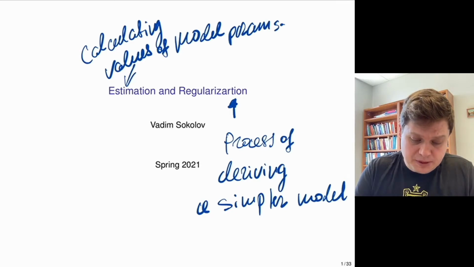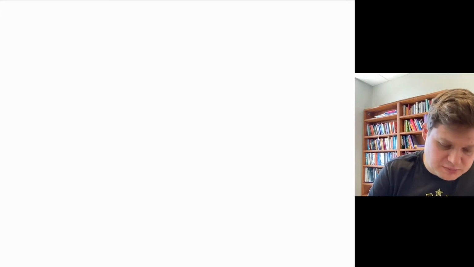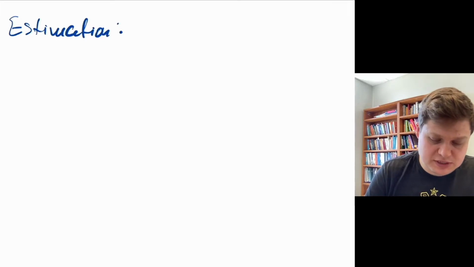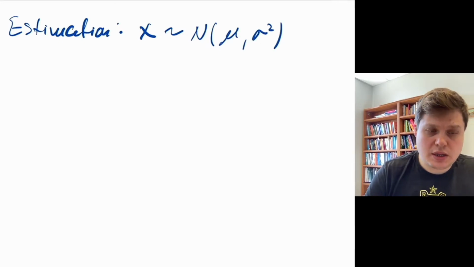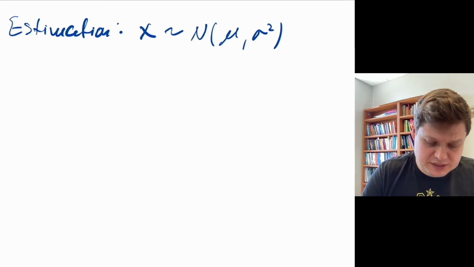If you remember, when we tried to estimate the parameters of a normal distribution, let's see how we did estimation before. You remember the example of a normal distribution, when we assume that our random variable follows a normal distribution, which has two parameters, mean mu and variance sigma squared. And we try to estimate the values of mu and sigma squared from the sample.